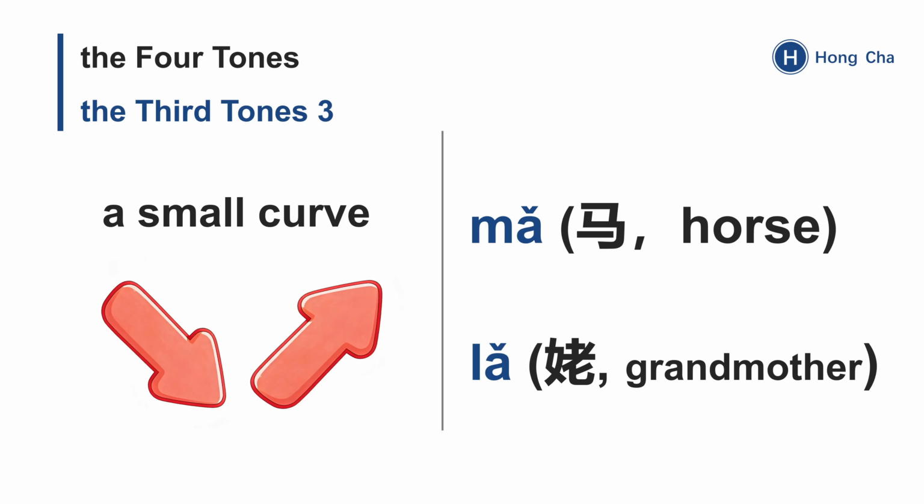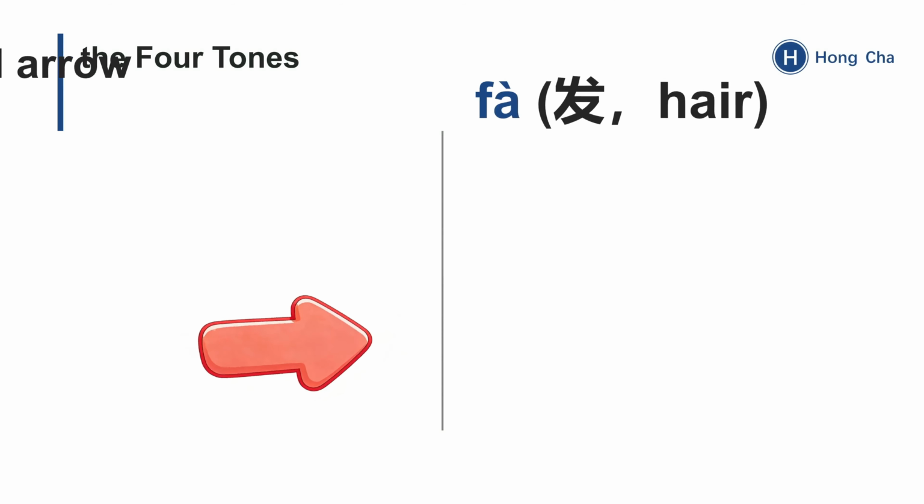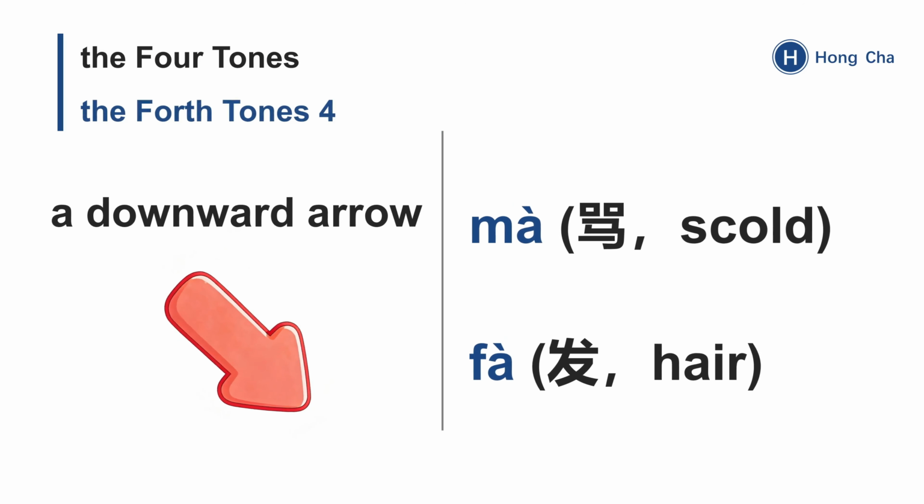Common examples include mǎ and lǎo. The tone mark for the fourth tone is this, which looks like a downward arrow, just like raindrops falling quickly. Its pronunciation feature is that the sound falls rapidly from high to low. Examples include mà and fà.